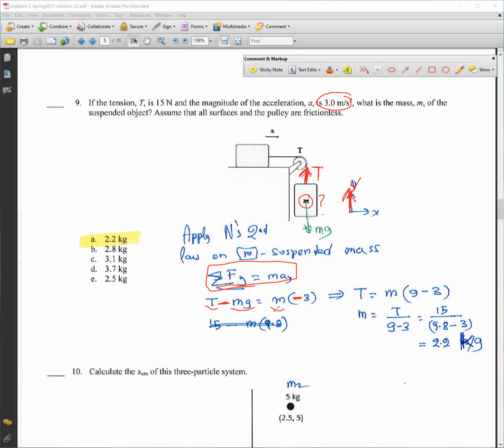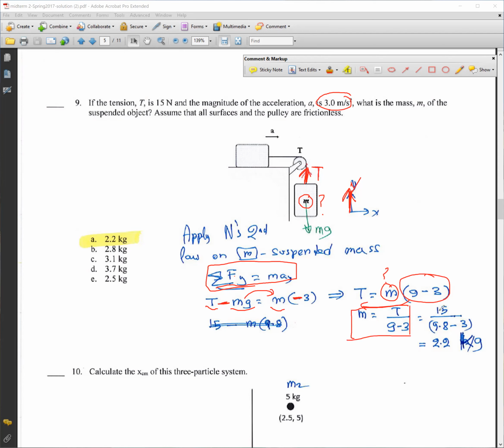The unknown is the mass, so you need to take mg to the other side and factor the mass. Then take the term g minus 3 under the tension, so mass equals tension divided by g minus 3.